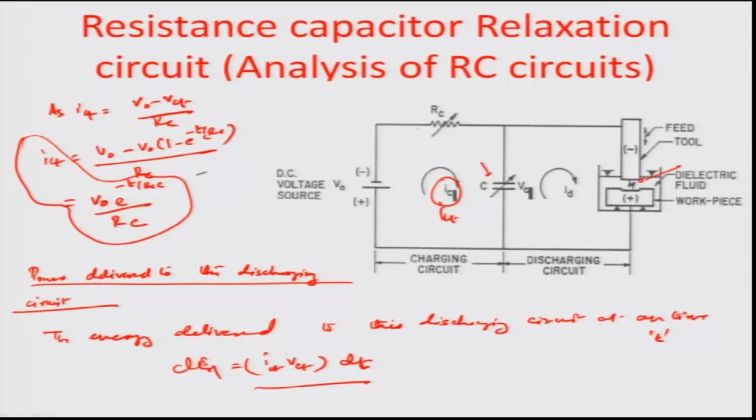Okay. So, obviously, the current voltage product is the power as a function of time, and we are talking about an instance dt for which an energy could be delivered, and so the amount of energy delivered would be equal to the current voltage product times dt, the time.